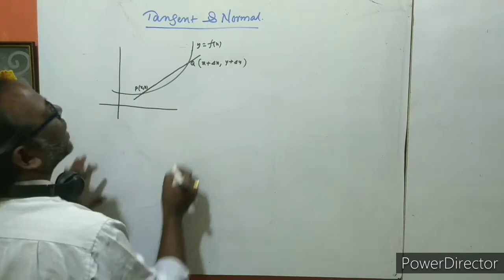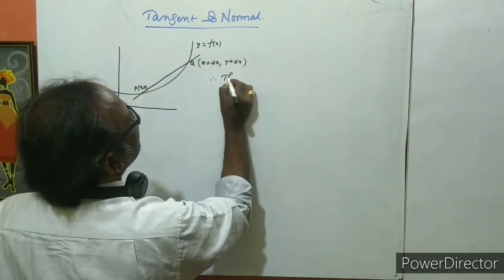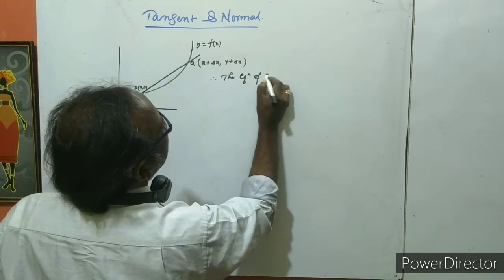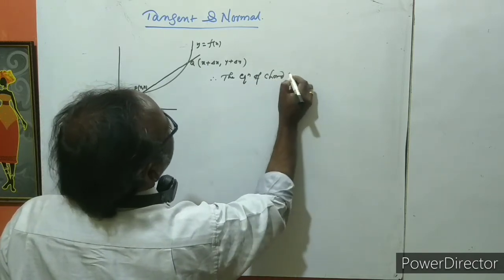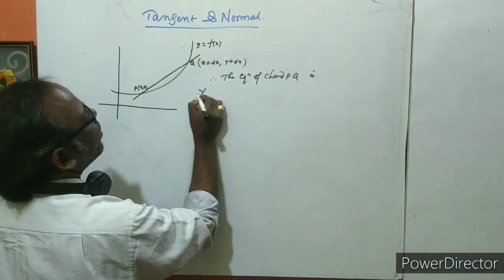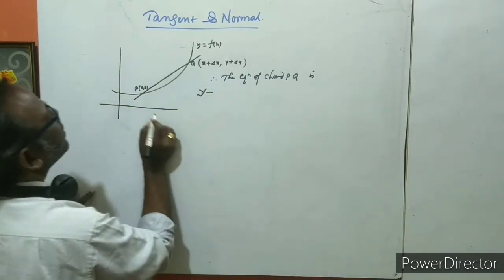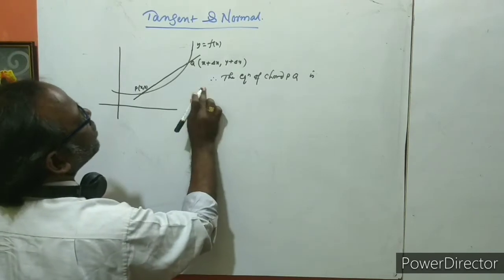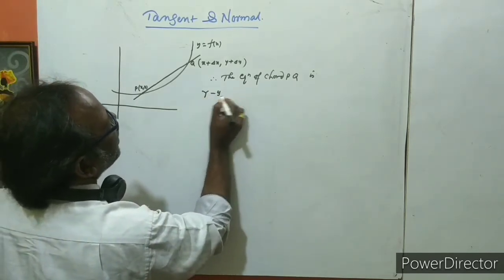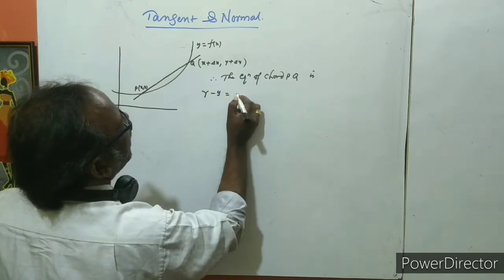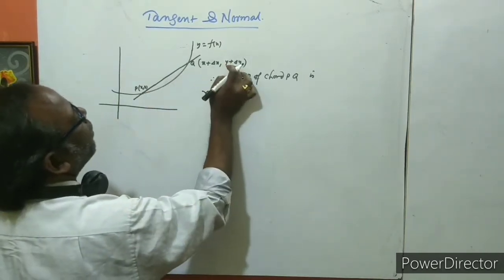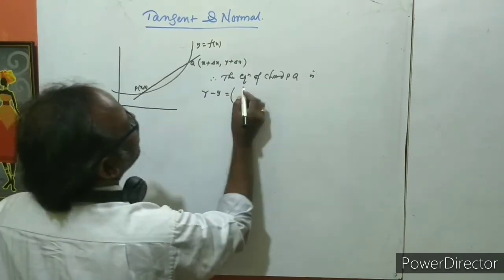Therefore, the equation of chord PQ is as follows. Let us assume the basic coordinate is small x, y, and the variable is capital Y. So Y minus y naught, and we have to find the slope of PQ, that is (y2 minus y1) by (x2 minus x1).